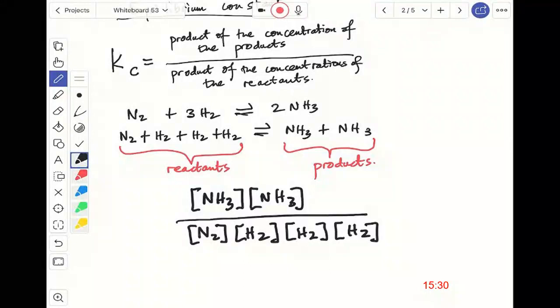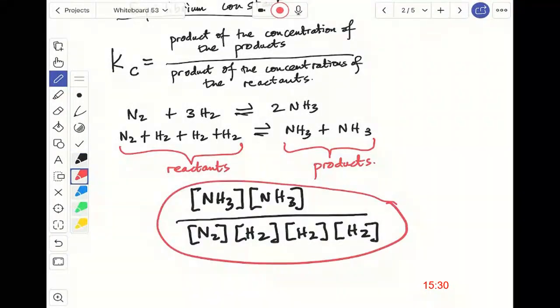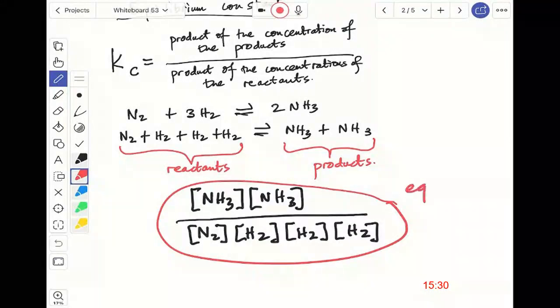So this expression as written here is called the equilibrium expression. And I can simplify the equilibrium expression.